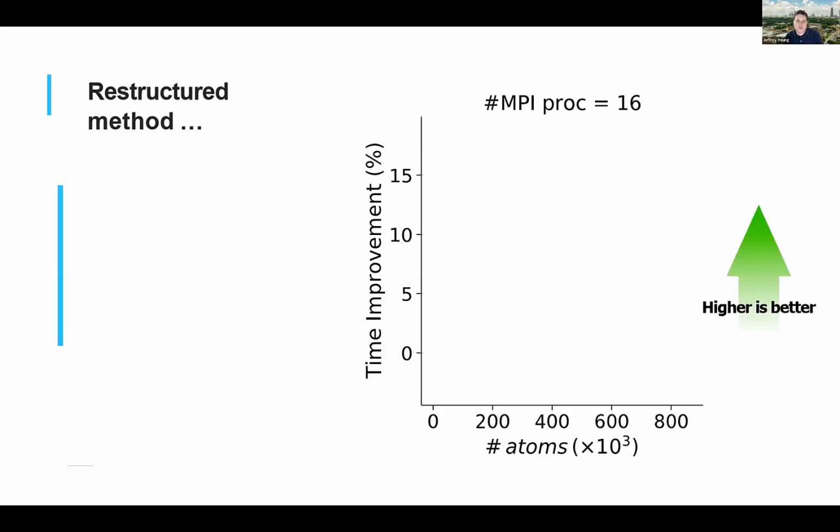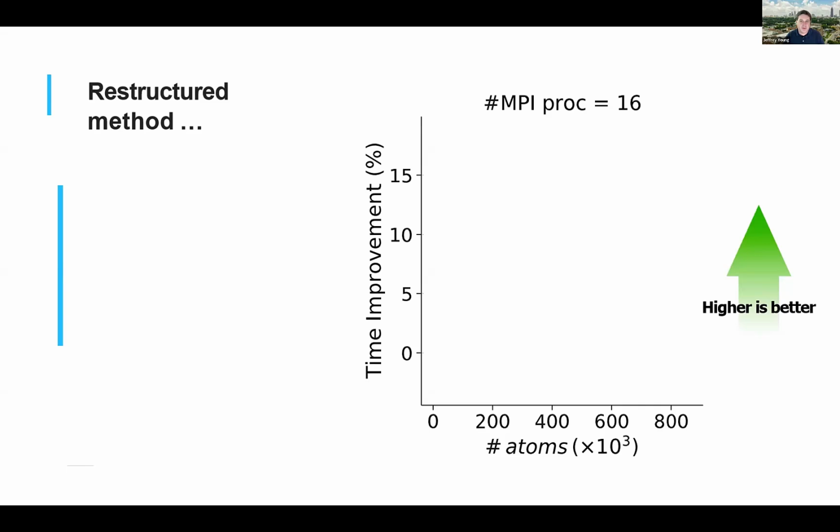One of the things about this restructured method is that the code was MPI plus OpenMP based. We took part of the algorithm and moved that explicitly to the DPU. We didn't necessarily do OpenMP offload. We think that might be a lower latency way, and especially from a programming ease-of-use way, it would be easier to do.